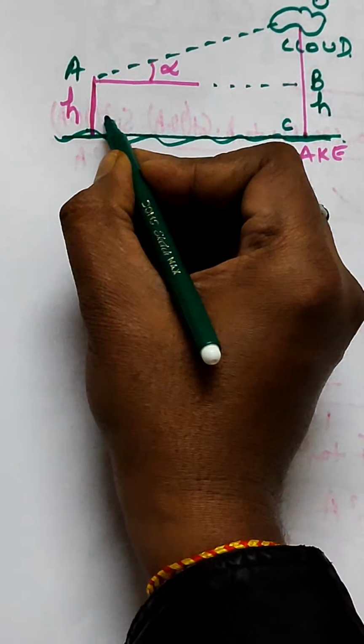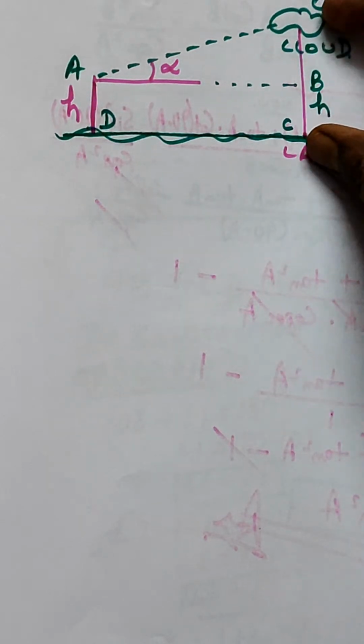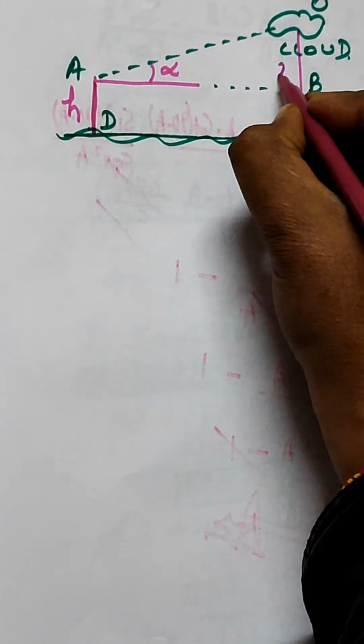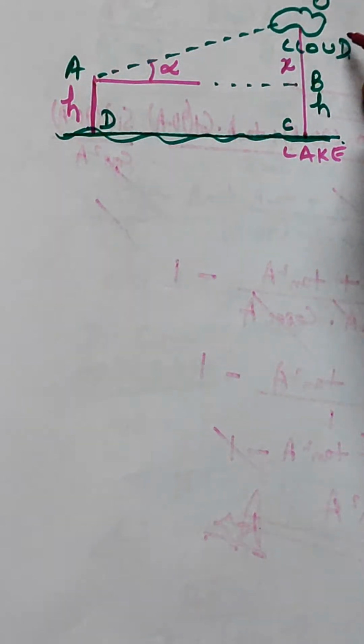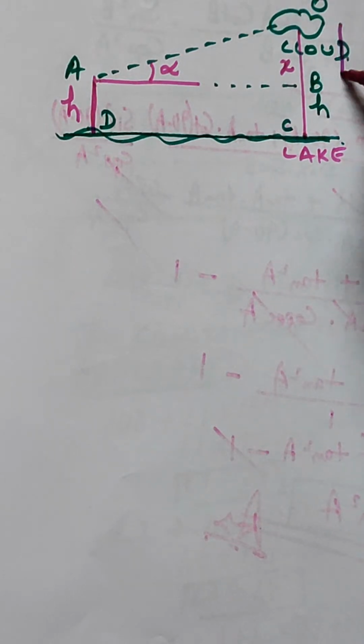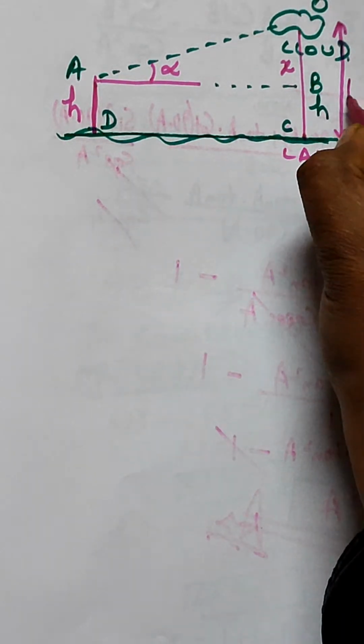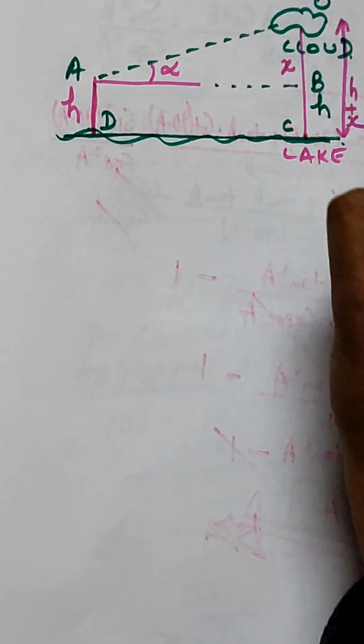C, D, and the reflection. If the height of the cloud is h plus, let us say x, h plus x, if this is x, and this distance from here to here, what will it be? This is h and this is x, this will be h plus x.